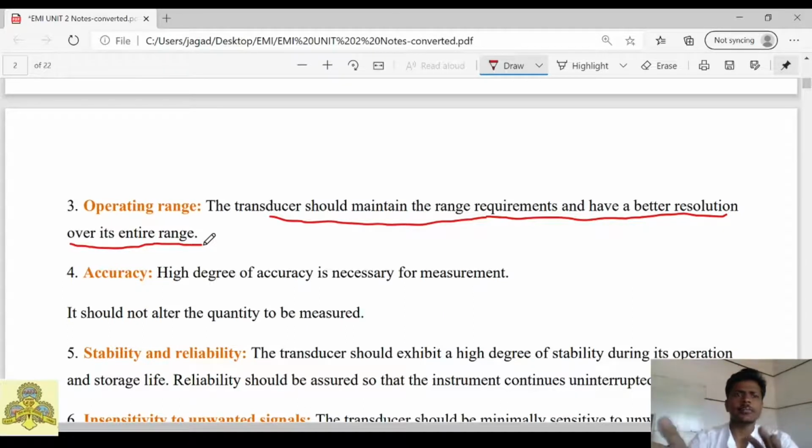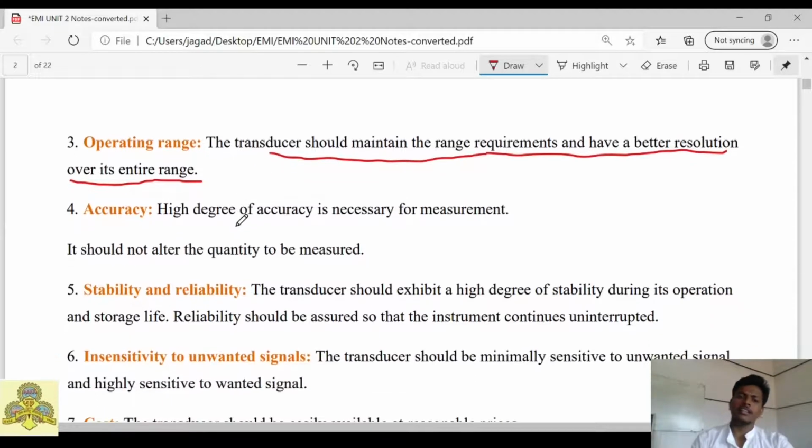So there is a limit, a range: a minimum or maximum rotational speed, or minimum or maximum current it produces. The minimum and maximum is the range of that motor. Just like that, every transducer has its operating range, and within that range it should give a better output. That is a very important requirement.